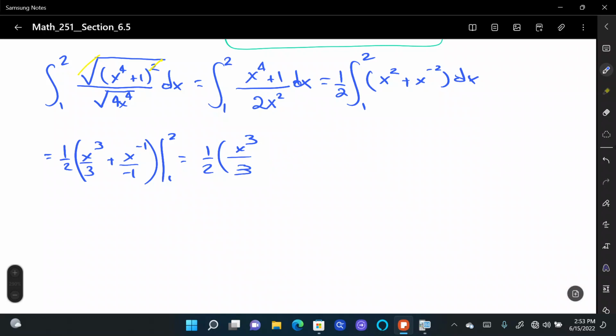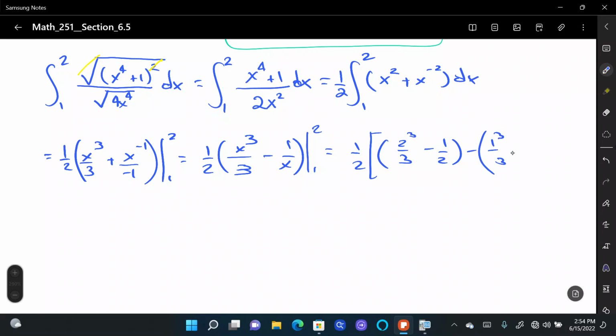Or rather minus 1 over x from 1 to 2. So that's 1/2 times 2 cubed over 3 minus 1/2 minus 1 cubed over 3 minus 1 over 1.